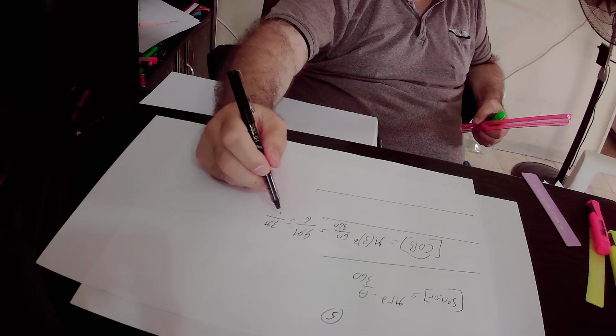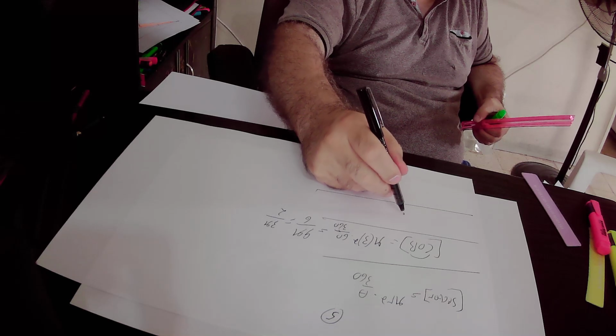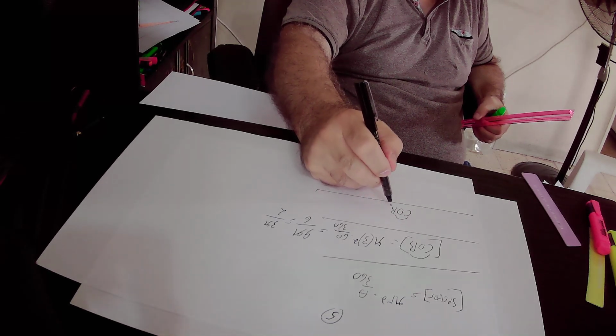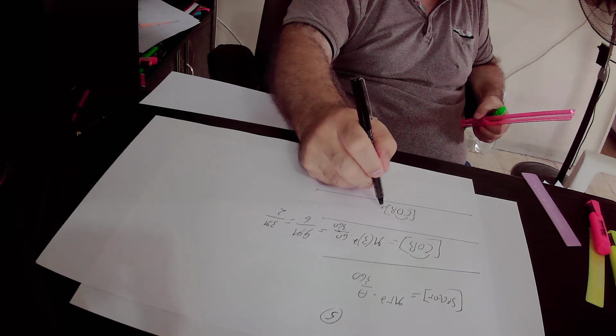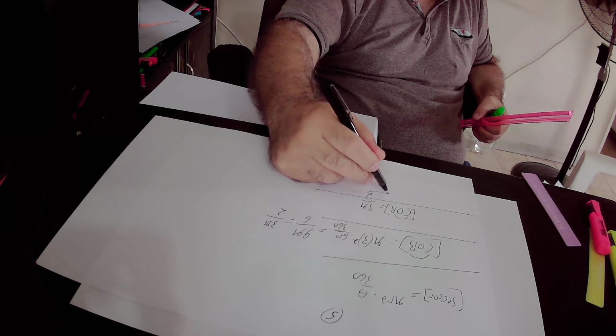In the denominator, 6 over 3 is 2. So in conclusion, the area of sector COB equals 3 pi over 2 square units.